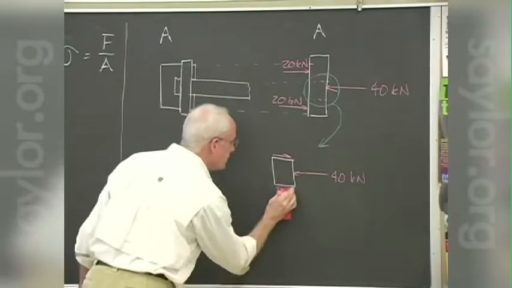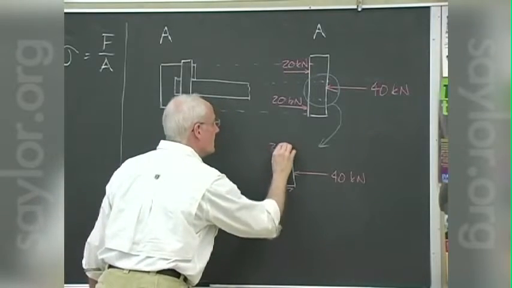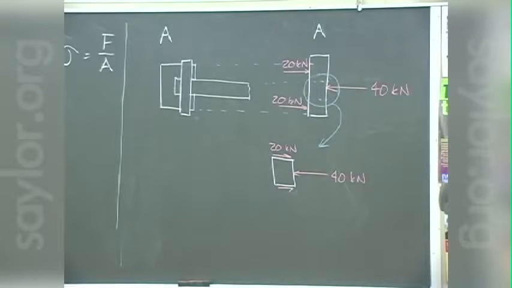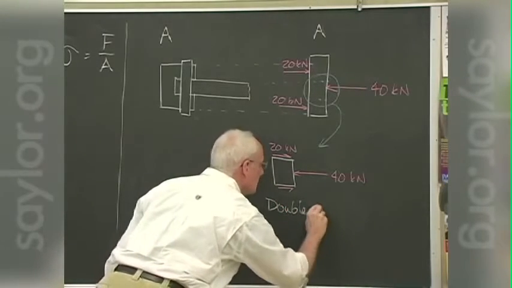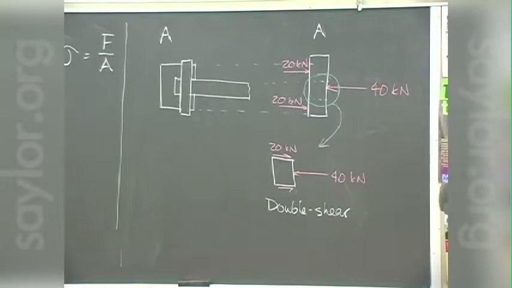And we must have shear of 20 kilonewtons across that face there. This, by the way, is called double shear. For hopefully obvious reasons, there's shear at two places of equal size on the piece.